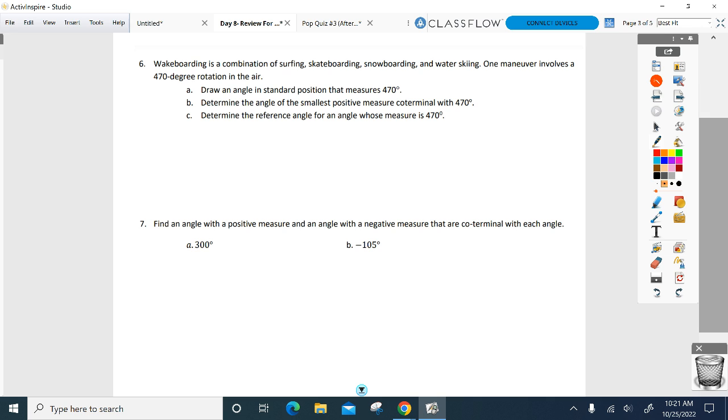Number 6, wakeboarding. Anybody wakeboard? I've never even seen it done, but I guess it's a combo of surfing, skateboarding, snowboarding, and water skiing. Nobody? Water ski? Snowboard? Skateboard?